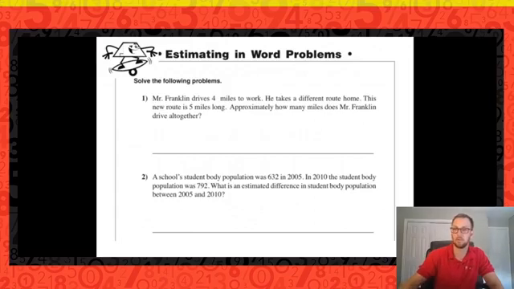Approximately how many miles does he drive altogether? Yep, very good. Just doing some quick rounding, we could say that his drive to work is about 5 miles, and his drive home is 5 miles, so he drives about 10 miles altogether. Nice job.